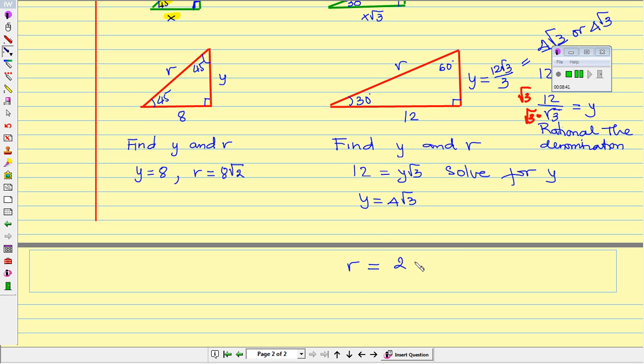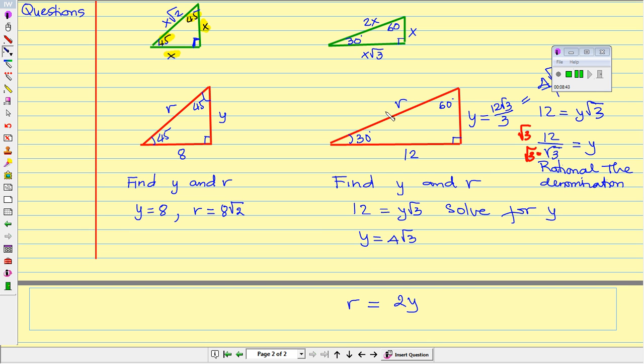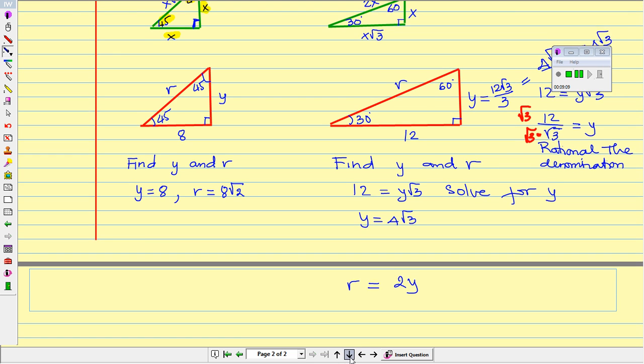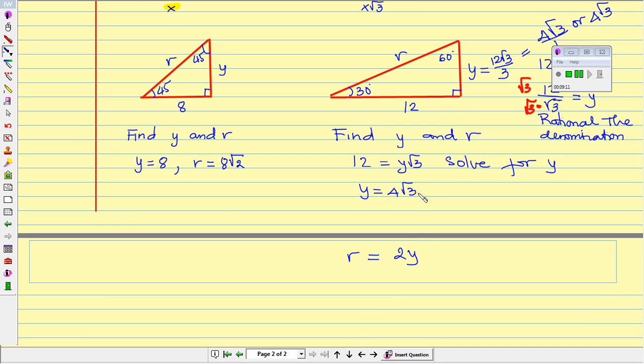So r is 2y, because y is the side opposite the 30 degrees, the same as x. X and y are just letters. When you were in 9th grade, you called it just one variable x. Right now I'm connecting it with your xy plane. Now we substitute what we know for y.